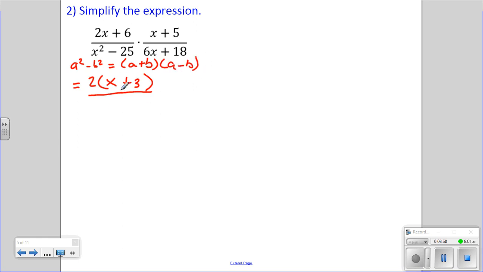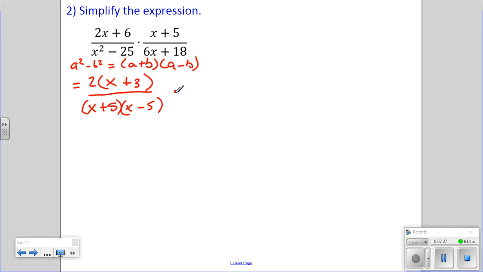So that's the formula if you remember it. If not, remember that there's going to be 2 sets of parentheses. You're going to have a plus and a minus, and just square root both terms. The square root of x squared is x. The square root of 25 is 5. And that's how you apply the formula, essentially.